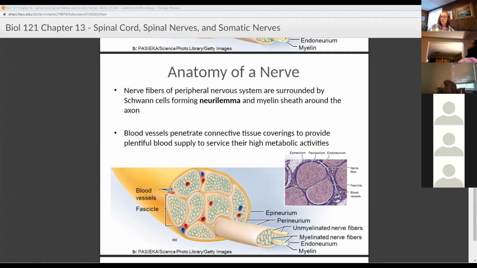In one of my master's studies, I spent a little bit of time studying peripheral neuropathy. One of the major factors involved with peripheral neuropathy is the breakdown of the myelin. The breakdown of the myelin occurs because of the loss of blood vessels in the myelin, which we call the vasa nervorum.